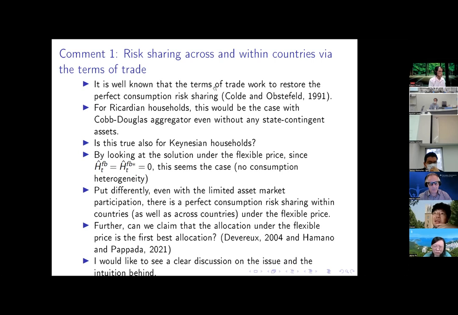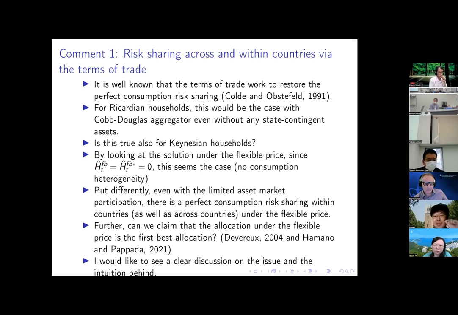And in the model, they allow state contingent securities, but with Cobb-Douglas aggregator, even if there is no international lending and borrowing, so the case of balanced trade, the risk sharing operates through the terms of trade fluctuations. So this is a result of Cole and Obstfeld. And is this true also in this model?